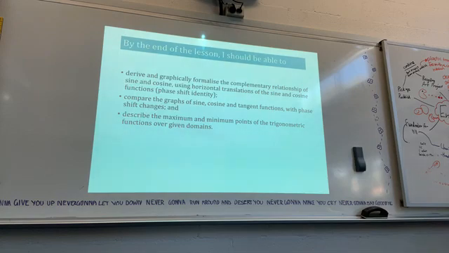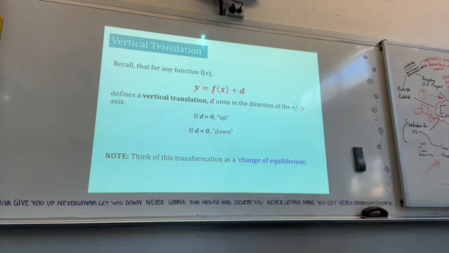You must be able to compare the graphs of sine, cosine, and tangent functions with phase shift changes and describe the maximum and minimum points of the trigonometric functions over a given domain. Also, you should be able to sketch the trigonometric function.